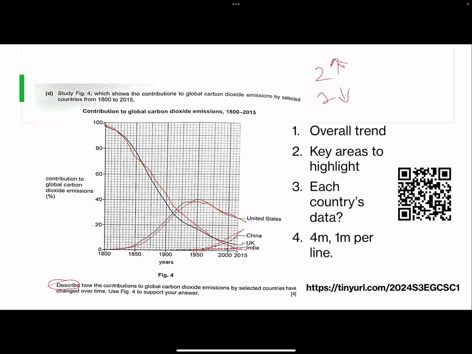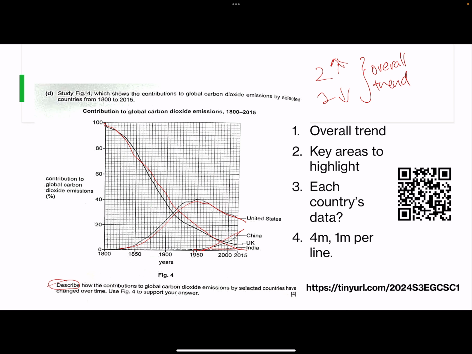So this is my general trend. Countries that are more developed, like United States and UK, are on a decreasing trend, while countries that are developing, like China and India, are on an increasing trend. That will be my overall trend statement. Having some increase, some decrease, because there isn't a common trend across all 4. This is something that I will have to highlight.